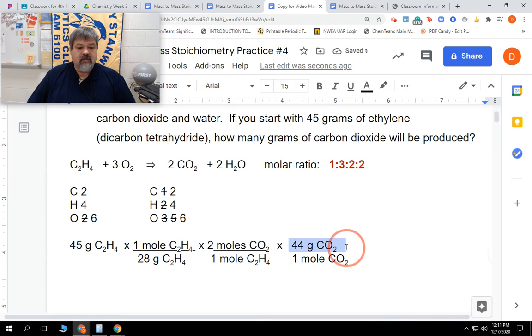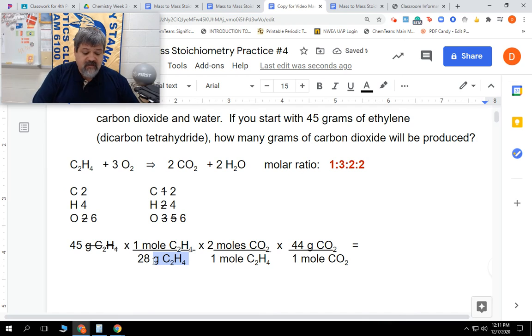Now, again, I want to underline this, and we can put our equal sign in there. Before we go ahead and do the math, we need to cancel out anything that we can cancel out. And again, you can cancel either as we go along, or you can cancel them now. So I have grams of ethylene here, which I'm going to get rid of, and I have grams of ethylene down here.